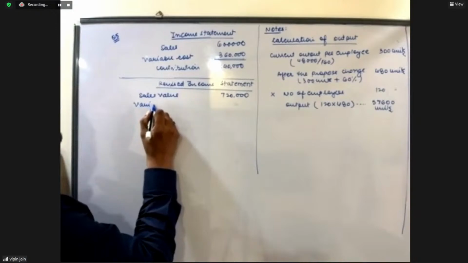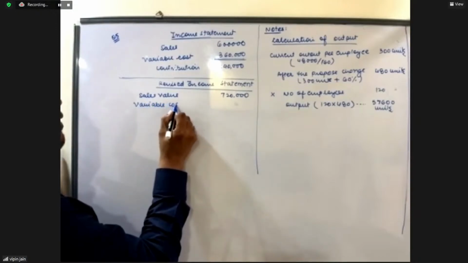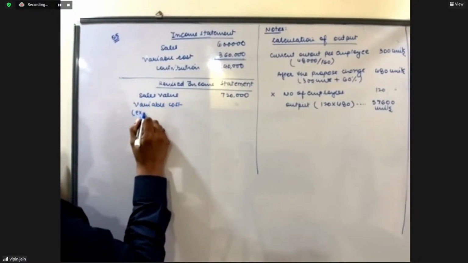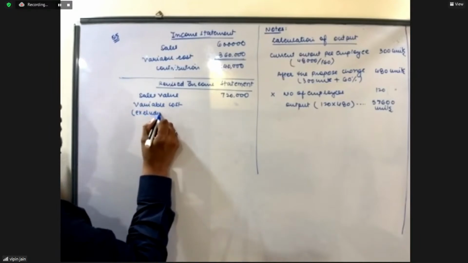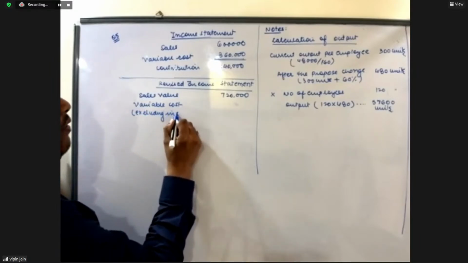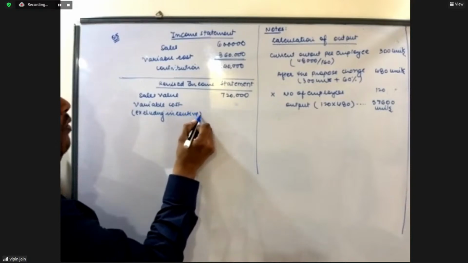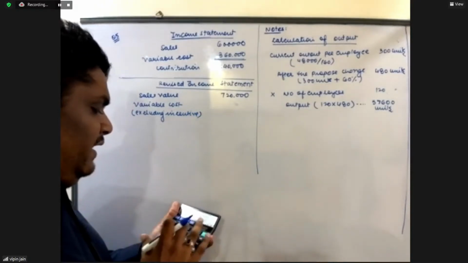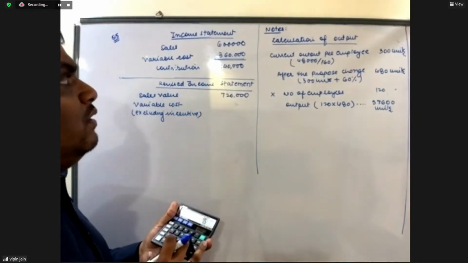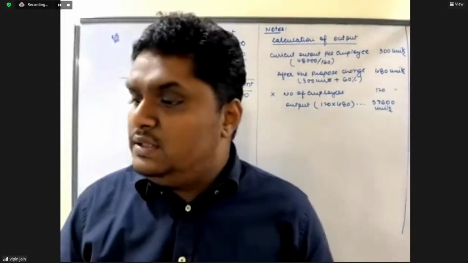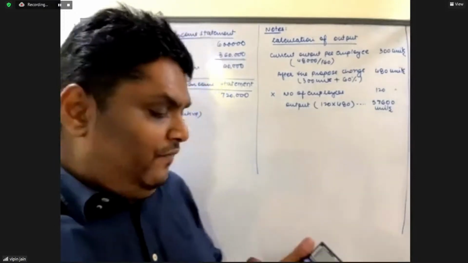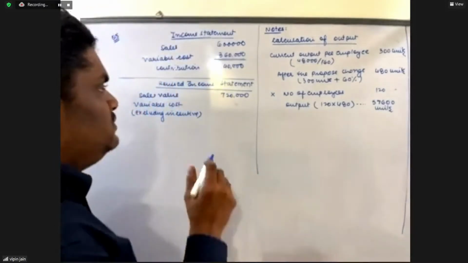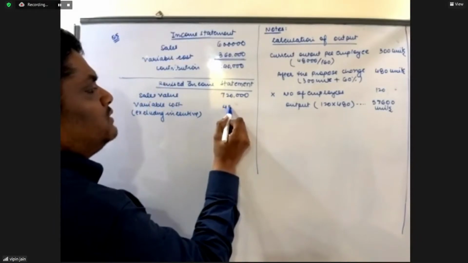My variable cost, excluding incentive: again, 3,60,000 for 48,000 units. So for 57,600 units, how much? 4,32,000.